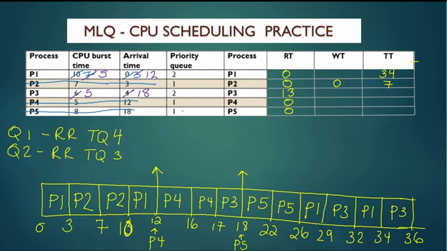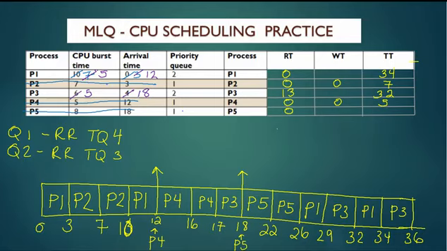P3 finished at time 36 here, arrived at time 4, so P3 was active in the system for 32 time units. P4 arrived at time 12 and finished at time 17 and was active in the system for 5 time units. All that time doing CPU burst, so P4 never waited at all for anything.